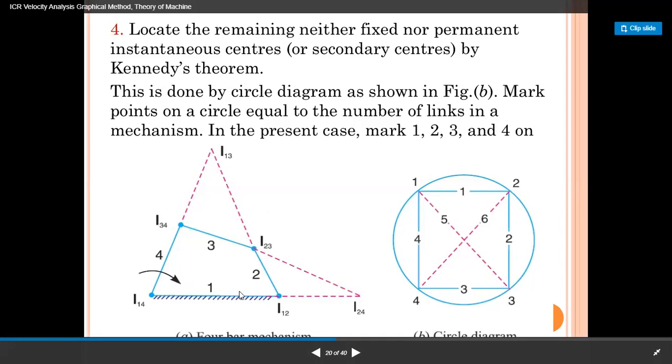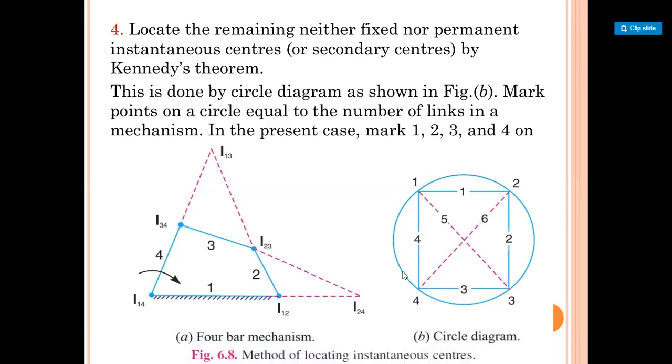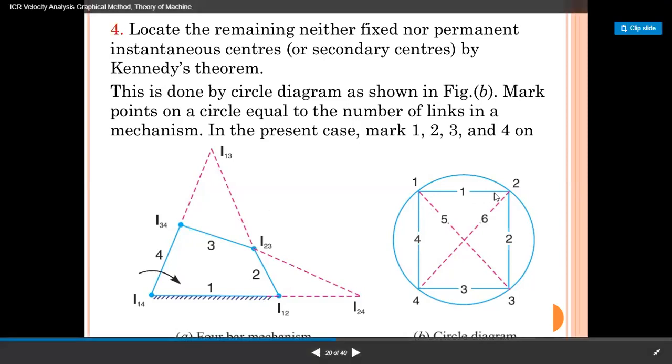In the 4-bar mechanism, there are 4 links. So you have to take a first, second, third, and fourth point. Connect all the points: 1 to 2, 2 to 3, 3 to 4, and 4 to 1.